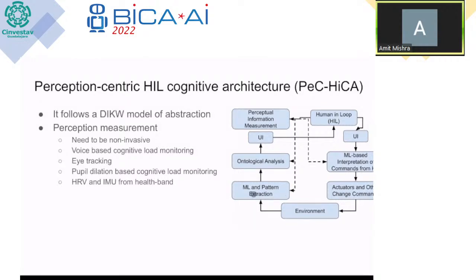Now, there is one major challenge here, and that is the perception measurement. How do we make sure that we measure the perception level or the cognitive load level of the human being? In that, there is some work, and they mostly use a lot of sensors on the body of the human being to measure the level of perception or cognitive load.